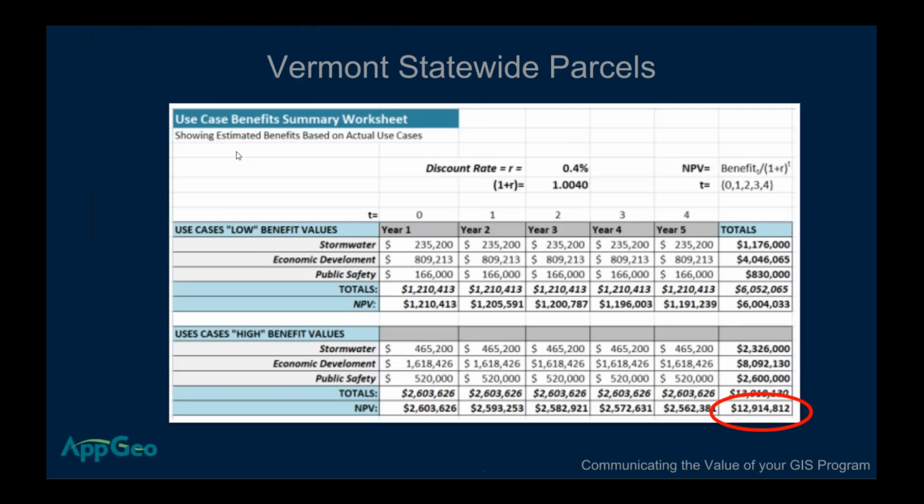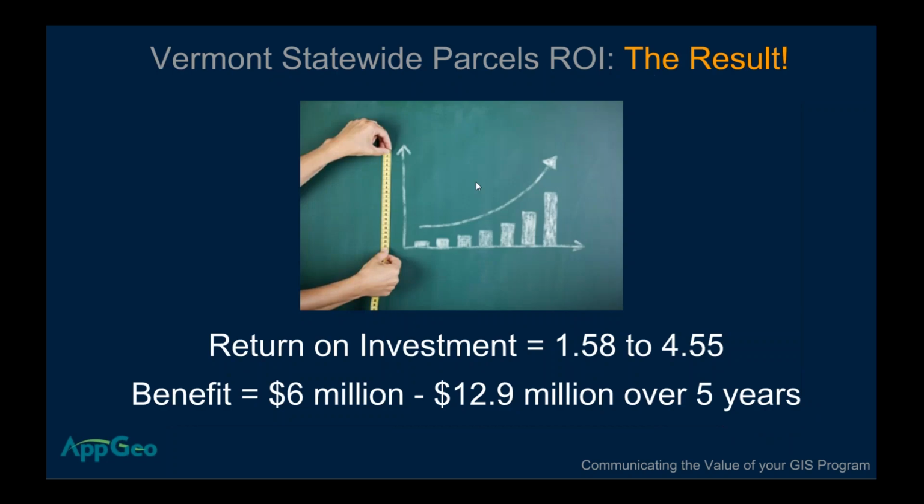So in Vermont, we took all of these use cases and plugged in the numbers, and basically had a ton of spreadsheets. In the end, we did the math and came out with a very positive ROI. The end story was that the return on investment was between 1.5 times to 4.5 times the cost of statewide parcels.